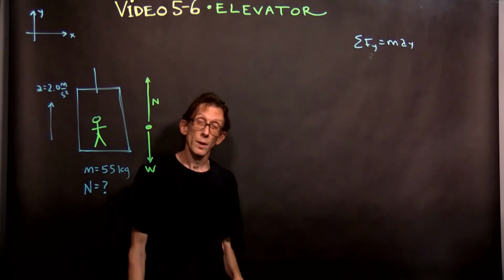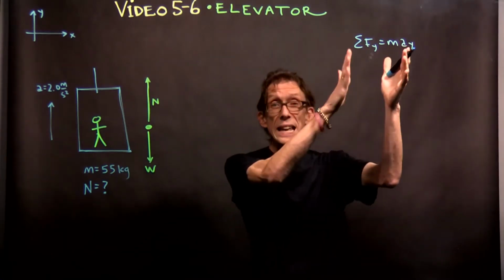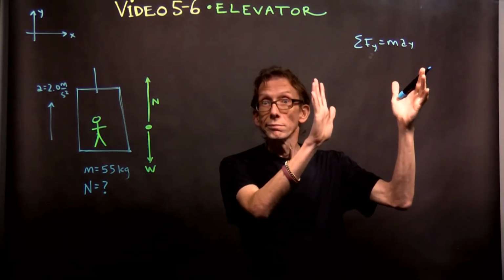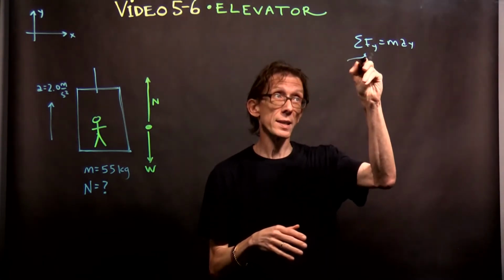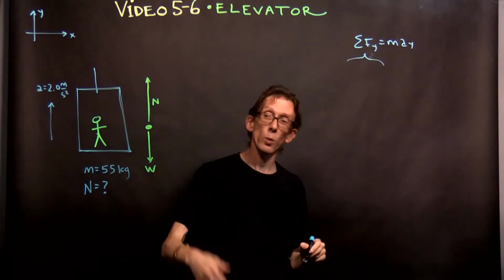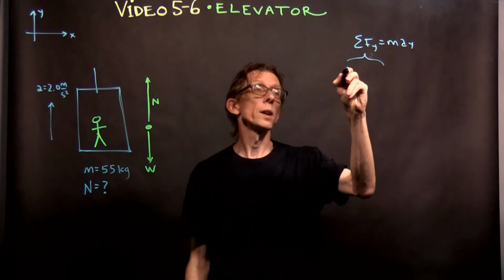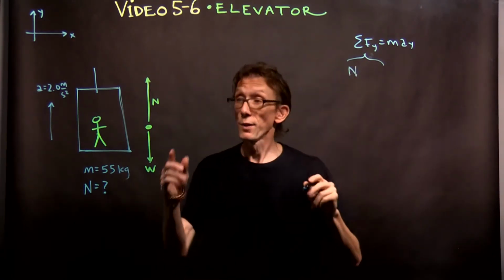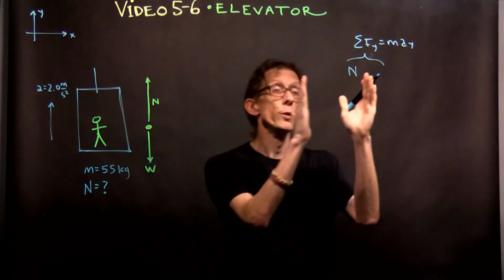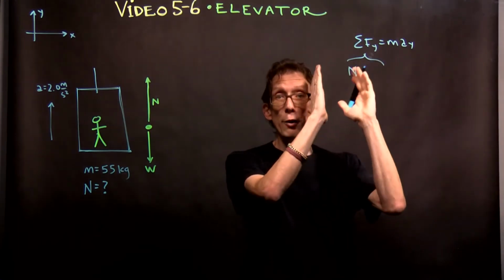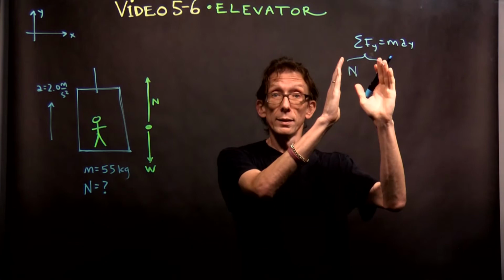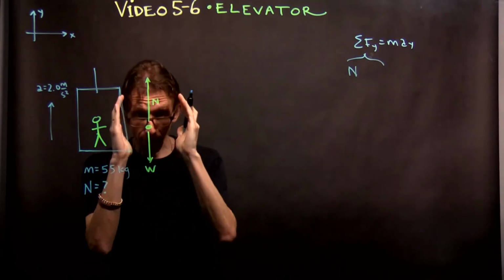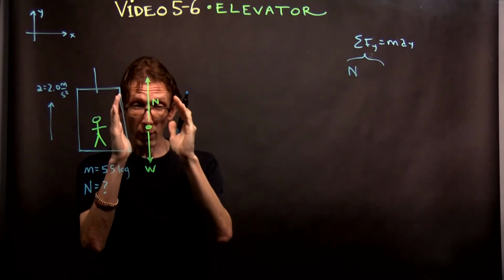Okay. Now this formula here doesn't have an N in it. Right? But it will. Because we're going to unpack the left-hand side and write down all the forces in the Y direction. And when we do that, we're going to get N up, right? If you look at the free body diagram, it will tell you how to write out the left-hand side of Newton's second law. There it is. We got one force up, we got one force down.